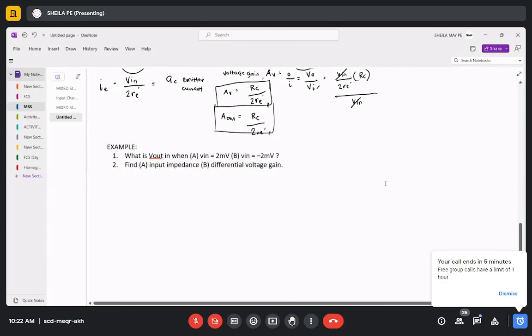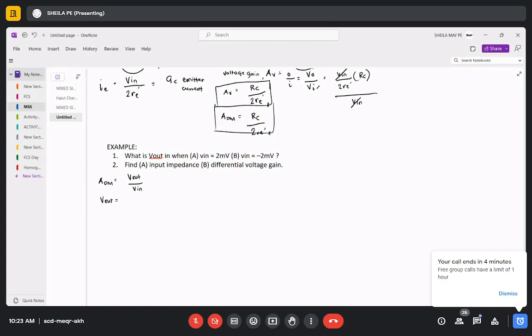V out. So, formula of our V out, given si V in, okay? If Vin is given, so we can basically use V output over V input. Okay, and our V out class can be manipulated from the formula. Let me write V out over V in, right?